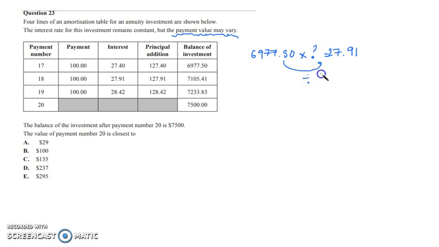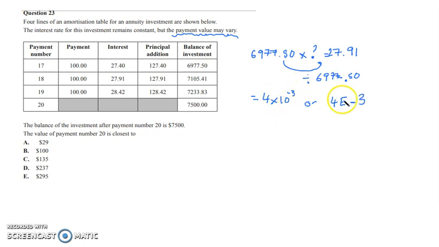Of the 6977.50. If we did that in our calculator, it may come up with an answer of 4 times 10 to the power of -3, or on your CAS calculators, it might say something like 4e minus 3.